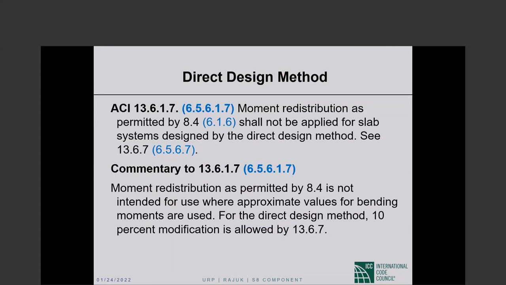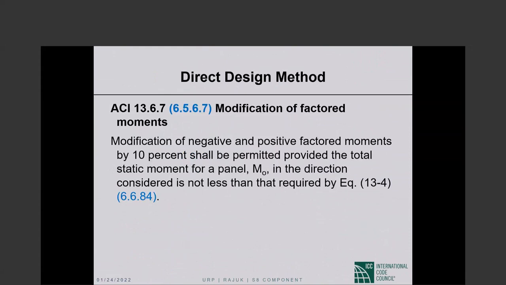The usual moment redistribution that we allow, remember 100 times epsilon sub t, is not permitted with the direct design method, but we are allowed a 10% moment redistribution with the results of the direct design method. So the usual moment redistribution doesn't apply because this is approximate, but up to 10% moment redistribution is specifically permitted by section 13.6.1.7.